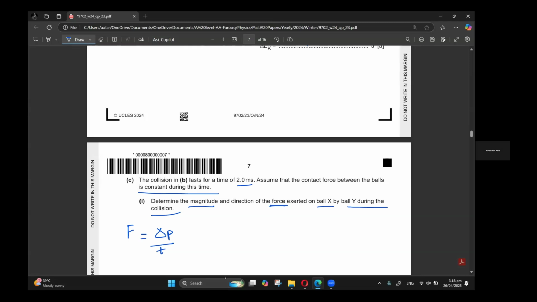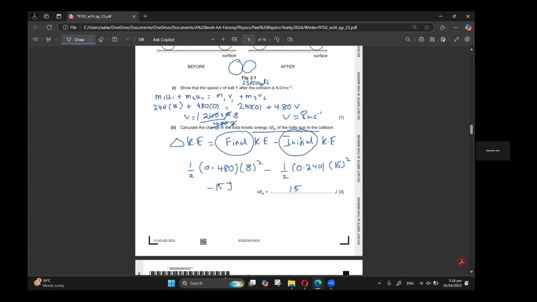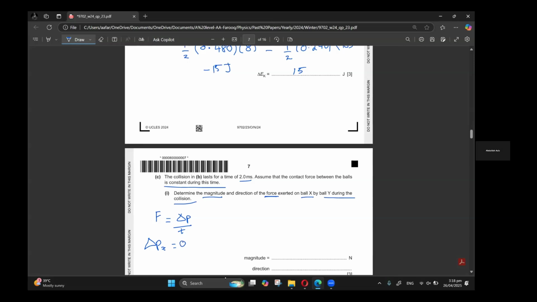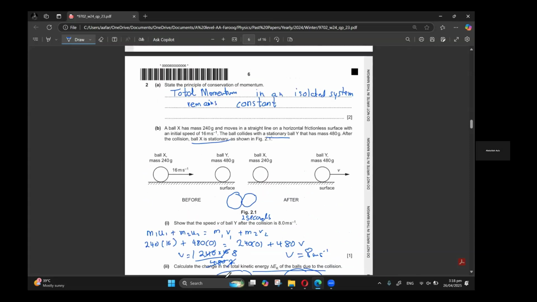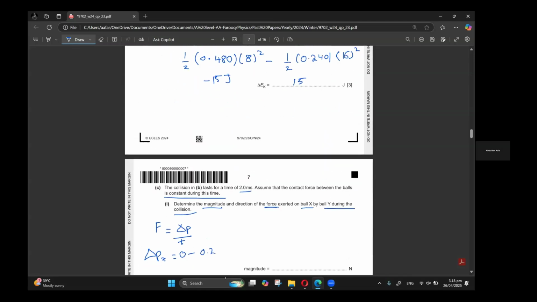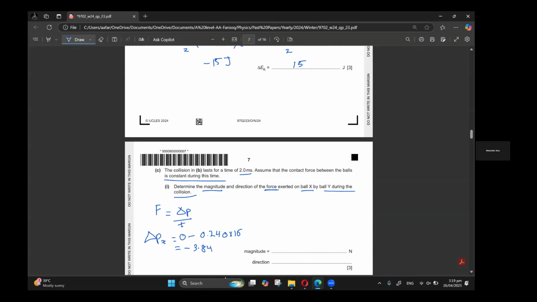So we need to find the change in momentum of X. The change is the final momentum, which is 0, minus the initial momentum, which is 0.24, mass, into velocity 16. We get negative 3.84. This is the change in momentum.